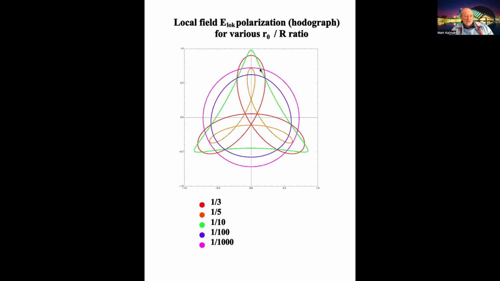So this corresponds to some light, neither circularly polarized nor linearly polarized, but the hodograph of the vector, the end of the vector, is following a Lissajous-like curve.